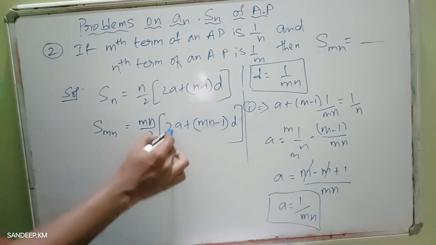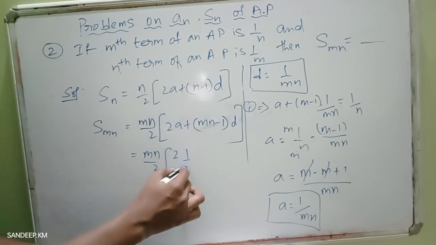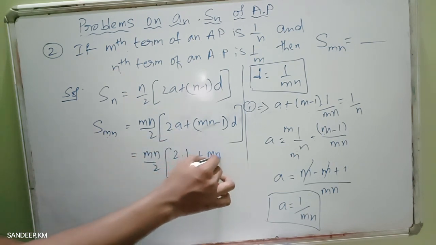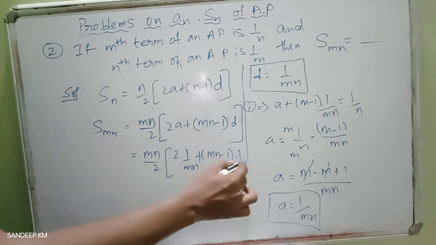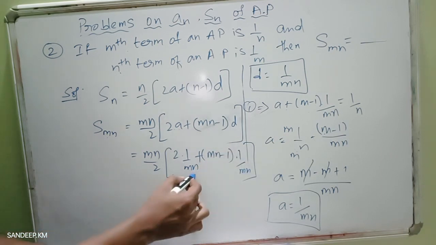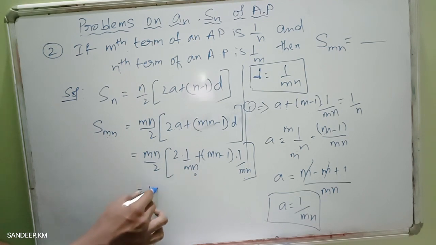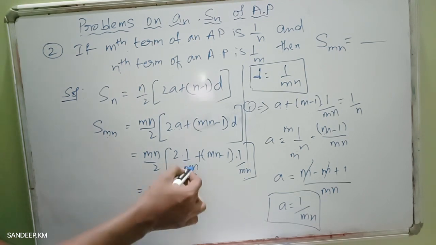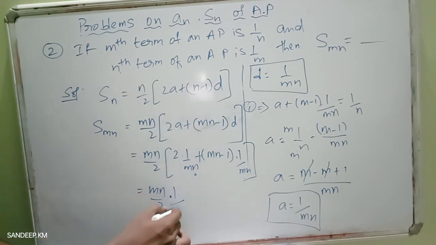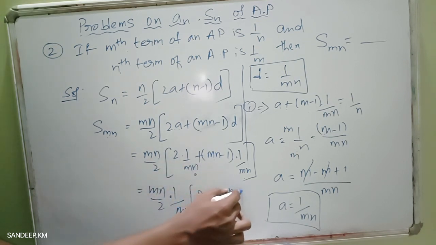mn by 2 into 2 times a, which is 1 by mn, plus mn minus 1 into the common difference, which is also 1 by mn. I can take 1 by mn common in these two terms and take it outside. mn by 2 as it is. This 1 by mn comes outside, and we get 2 plus mn minus 1.